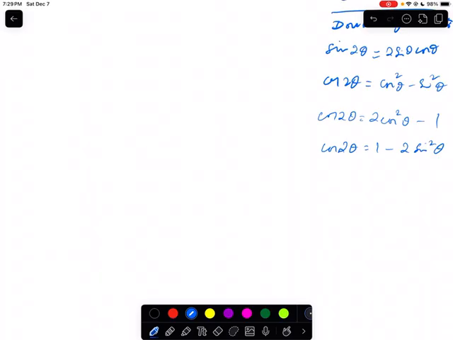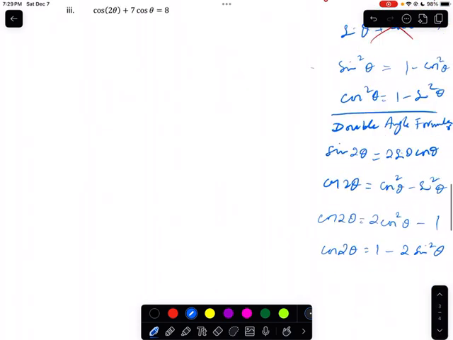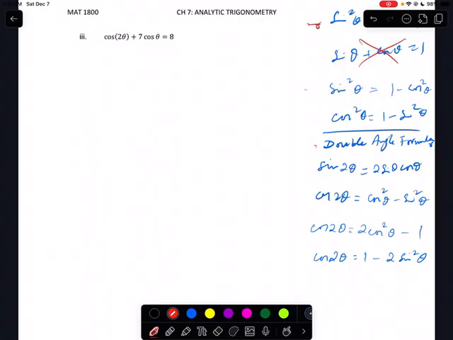So when we see cosine of 2 theta, we have to figure out which form will be helpful. If you can memorize all these forms, it's very good, but at least you should know the first one, and then you should be able to get the other two from it.